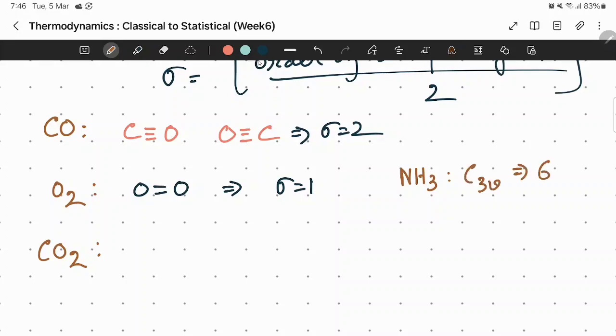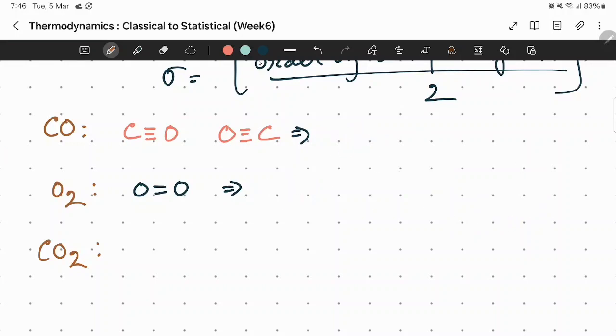Yes, correct. If you know these things, then it's very easy. So sigma will be 3, 6 by 2 is 3. Yes. If you know the point group, then it's easy, very straightforward.